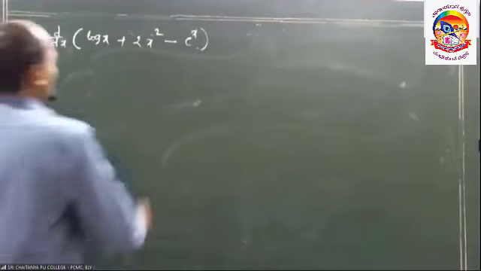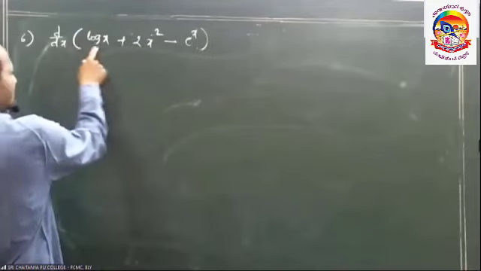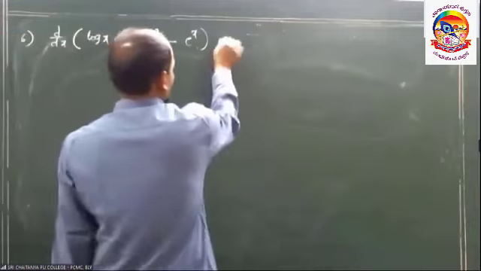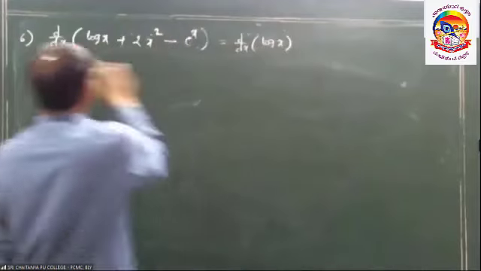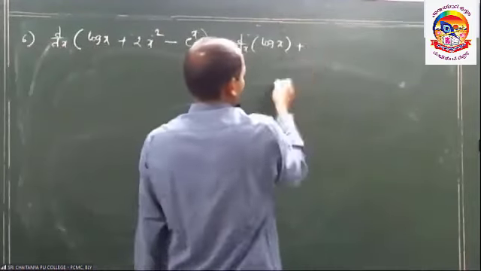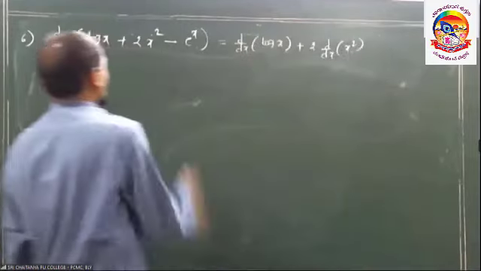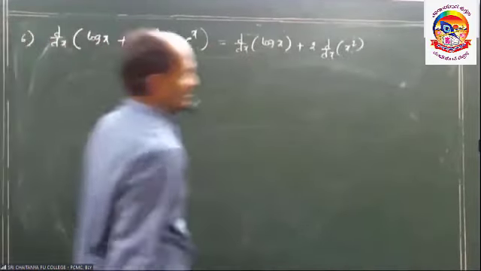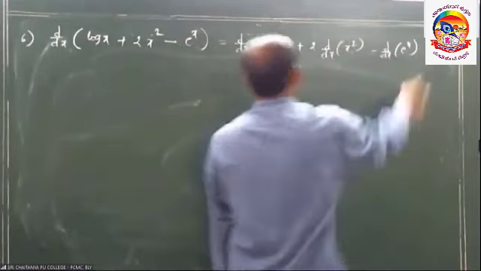So how many functions are here? Three functions, so the derivative is applicable for three functions. First, the derivative of log x, plus 2 into the derivative of x square, minus the derivative of e power x.